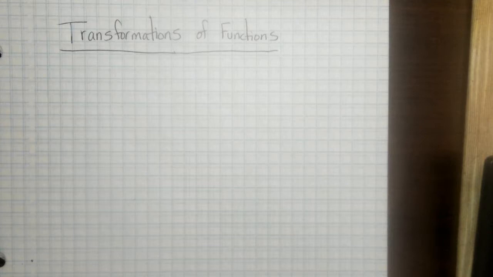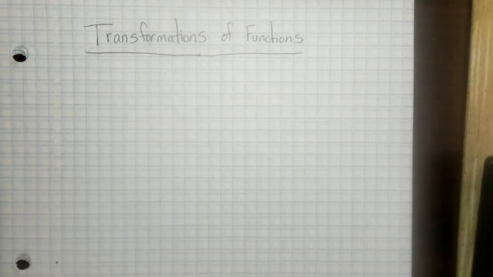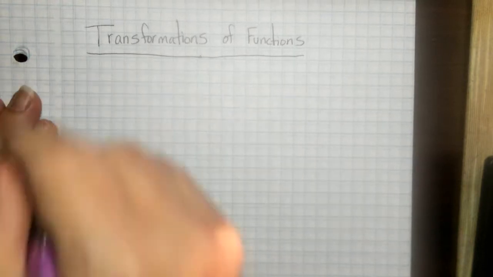How is the graph affected by the equation? Because you already know this at a surface level, I want you to view it from a slightly different perspective and really be thinking about the why and the how as we go through these. All right, so we're going to start with a big picture, and then we're going to kind of zoom in on each different type of transformation.